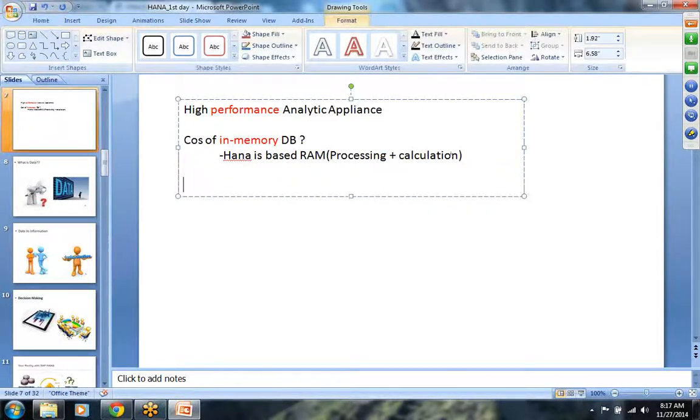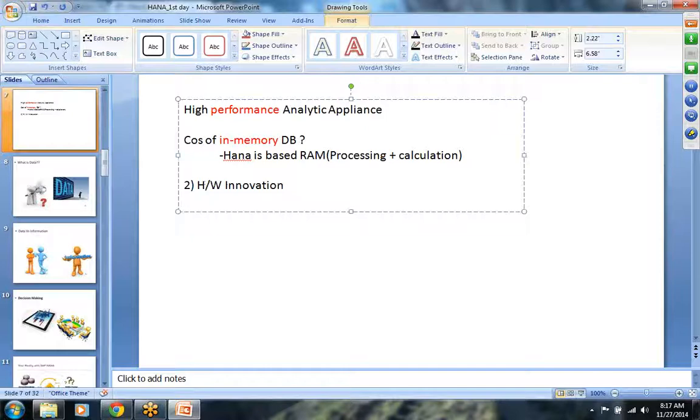The second reason is hardware innovation. What is this hardware innovation? Example, in our laptop, if I say we have dual core, quad core, it means we have 2 cores or 4 cores available in our laptop. For what reason? To do multitasking.